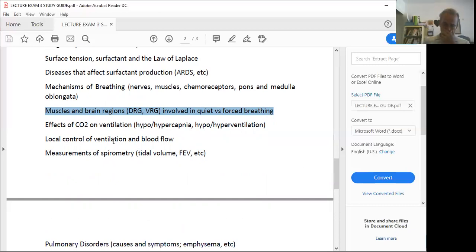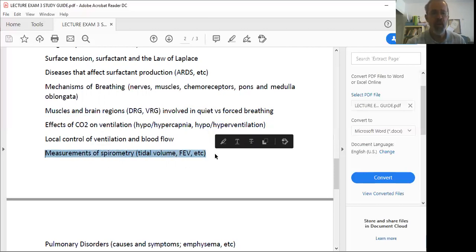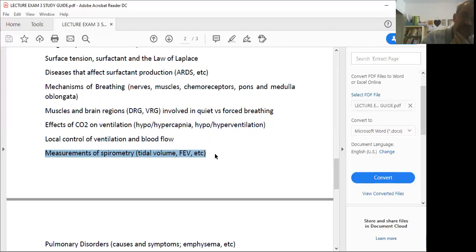Remember, that was the ability, if you have a bronchiole that's constricted, how does that affect the alveolar function? Obviously, it's not going to work very well, so we have to divert blood to the other vessel. Measurements of spirometry, how we measure, for example, lung function, such as tidal volume, FEV, those different parameters.